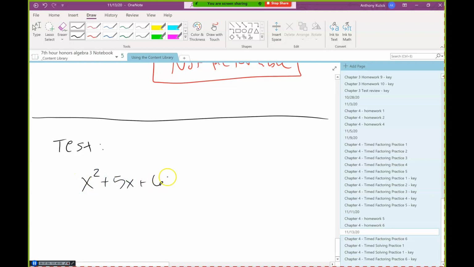So the first test we're going to do is x squared plus 5x plus 6. To run your program, press the program button. Under the EXEC tab, that's the first one, select the name of your program by pressing enter, and then press enter again. At that point, it should say A equals question mark.